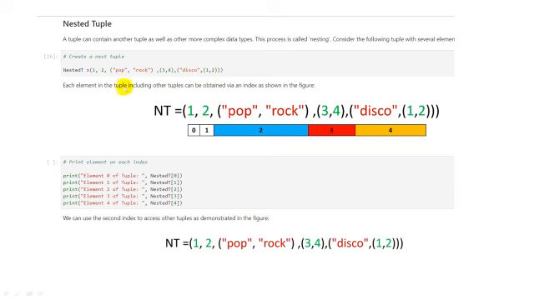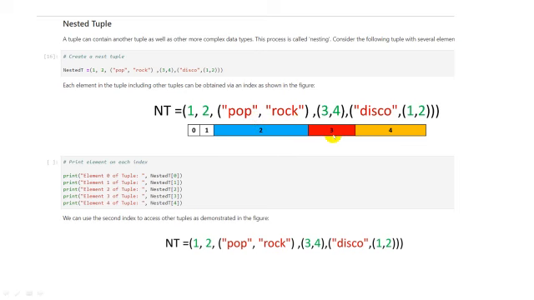Each element in the tuple, including the other tuples, can be obtained by an index as shown in the figure below. In the short form, NT is the nested T. Here, 1 has index 0, 2 has index 1, and pop and rock is one tuple at index 2, so we cannot say it's 2 and 3, it's 2 completely.